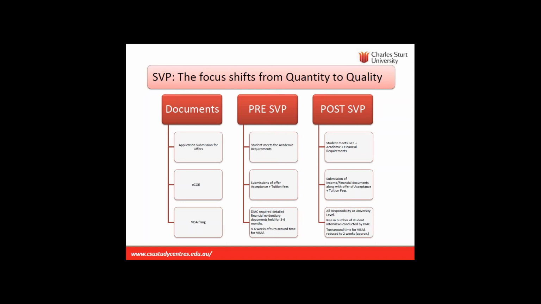And they would also need to submit some financial documents. It's not necessarily the bank statement, but the bank statement is the most common document students are usually asked to provide.